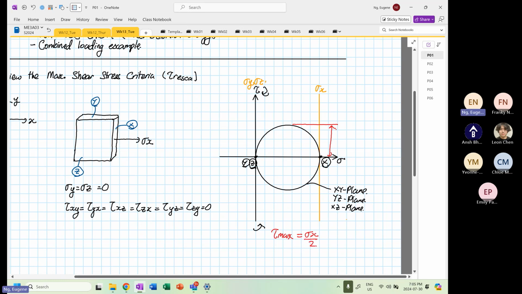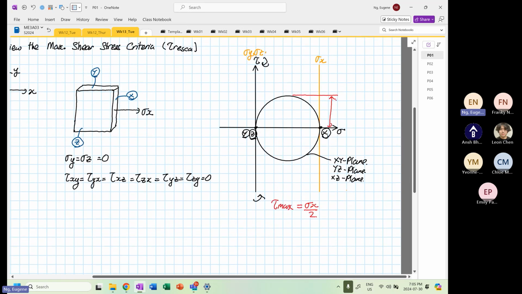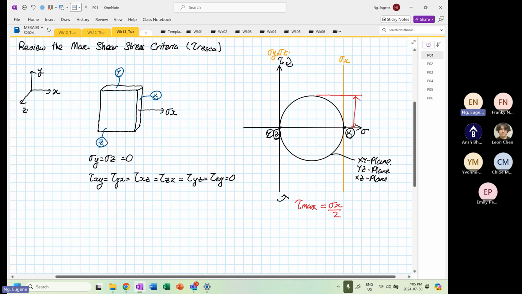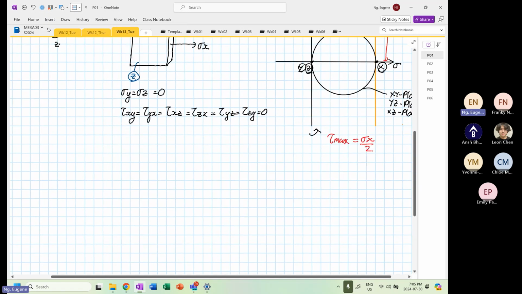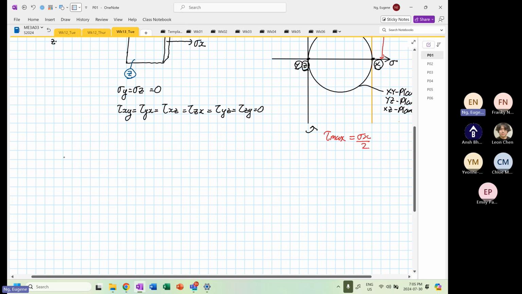Okay. Now, the first element that I've drawn is oriented in its principal plane. So shear stress is equal to 0. Okay. Now, in reality, we always realize that that's not always the case.